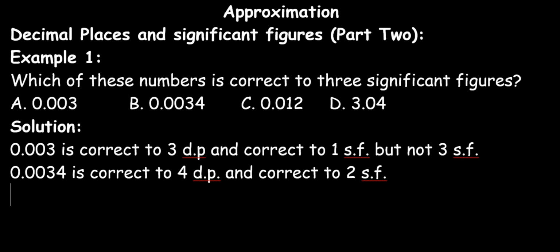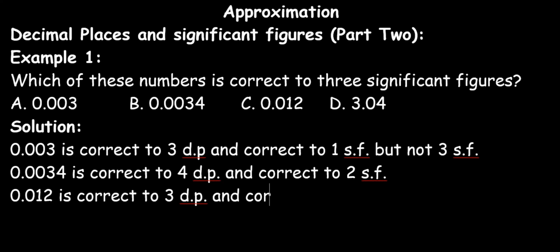Let's look at option C. 0.012 is correct to 3 decimal places and correct to 2 significant figures. Yes, it's the same explanation. If you move your decimal point from where it is now in 0.012, it will move 1, 2, 3 places before you land at the final point after 2.